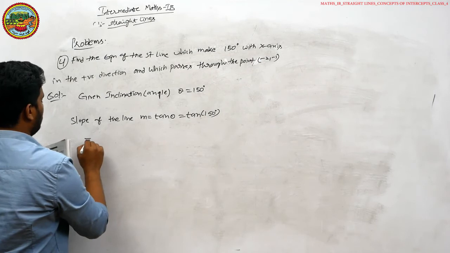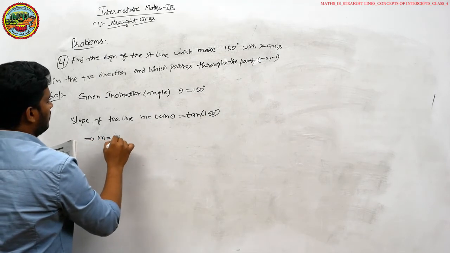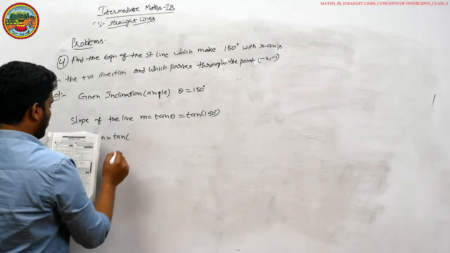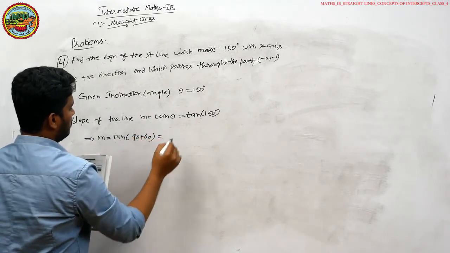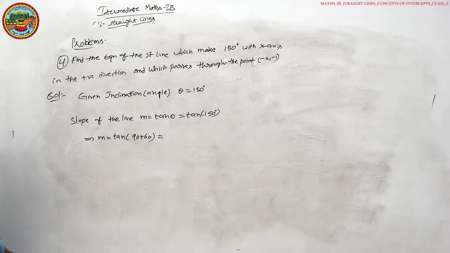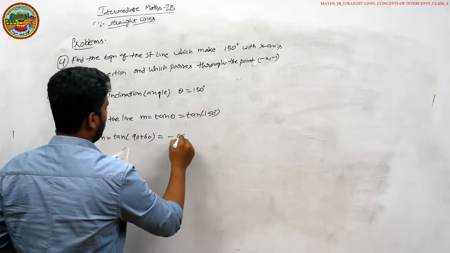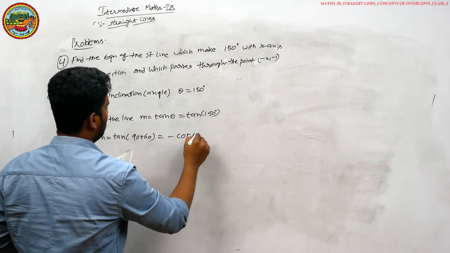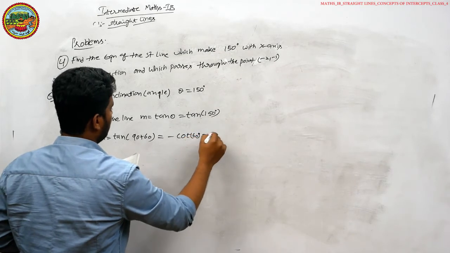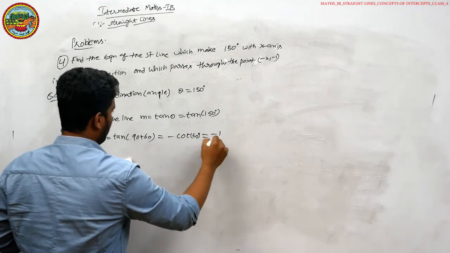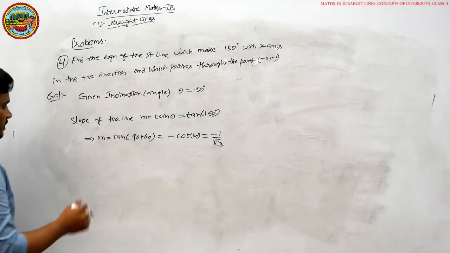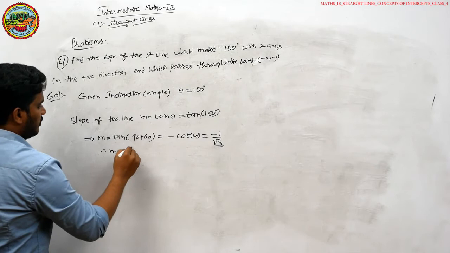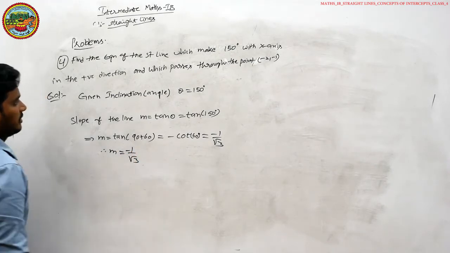So 150 degrees means 90 + 60 degrees. tan(90 + theta) equals -cot theta, so that is -cot 60 degrees, which is -1/root 3. Therefore m = -1/root 3.